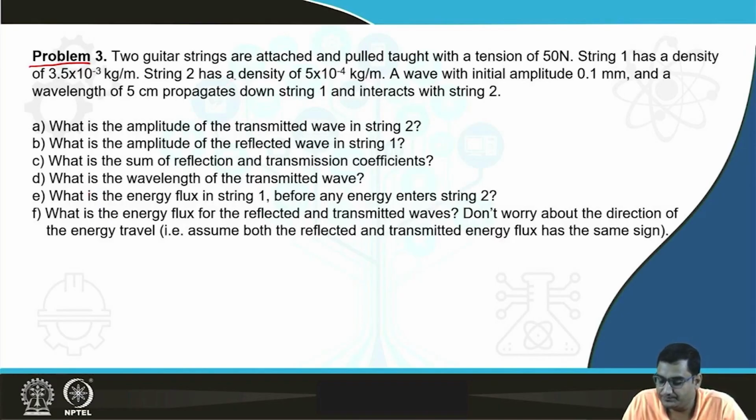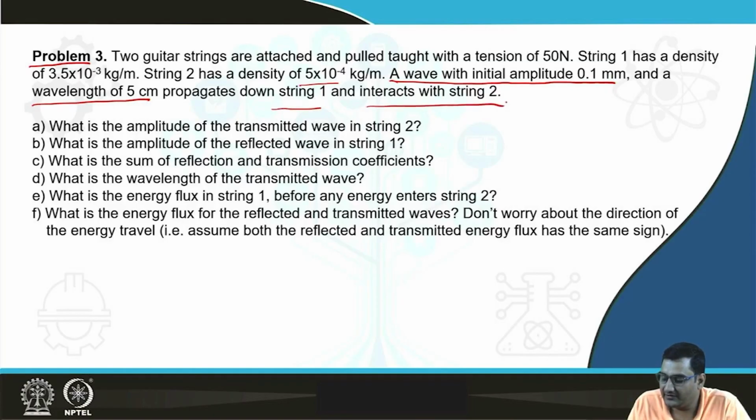String 2 has a density of 5 times 10 to the power minus 4 kilogram per meter. A wave with initial amplitude 0.1 millimeter and a wavelength of 5 centimeter propagates down string 1 and interacts with string 2. Now they have asked some questions, A to F.